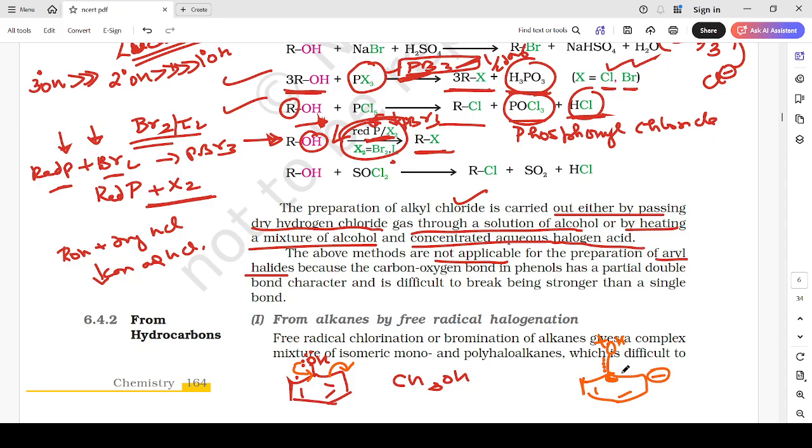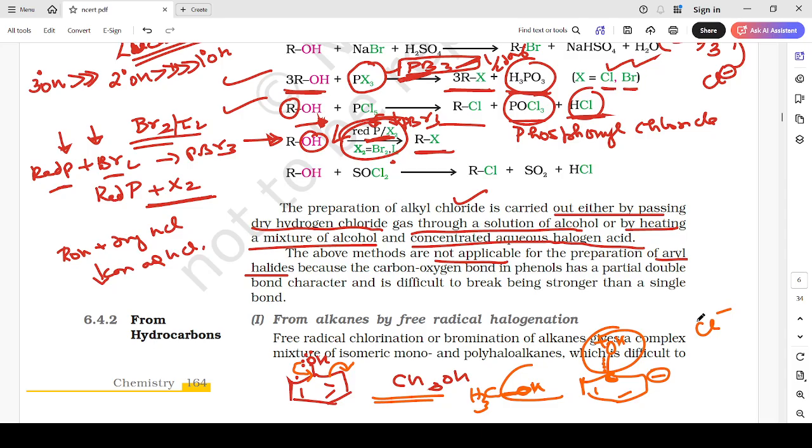So can you easily replace this by some other nucleophile like chlorine or bromine? It's not possible. But here in this case, I'm having CH3 which is a single bond. Here I'm able to replace this OH by Cl minus. Understood? The question appears in the 2 mark section.